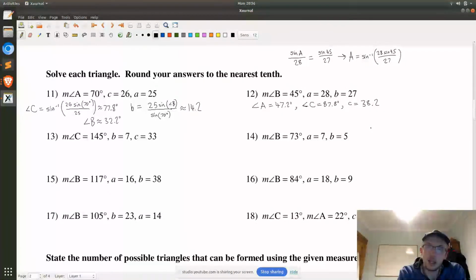So to get the other one, what we're going to do is type that in again. Then we'll do 180, take away that answer, and then we'll get this other possibility here. This is how I believe that it works, but I'll check in a second.